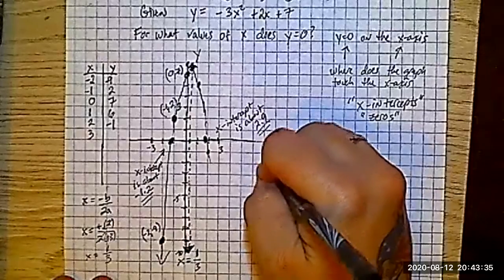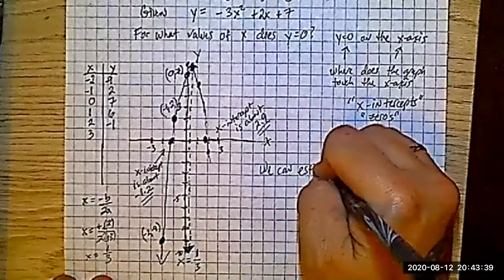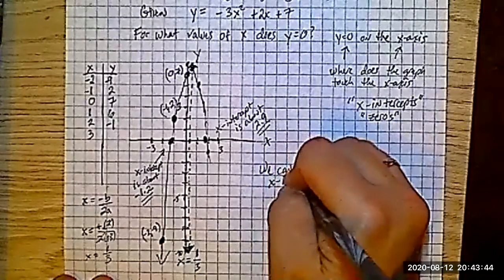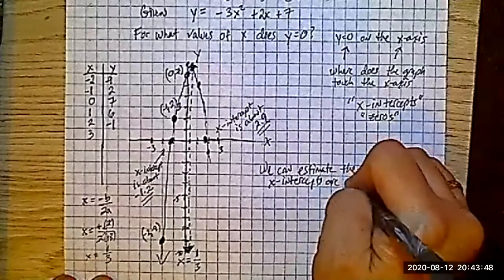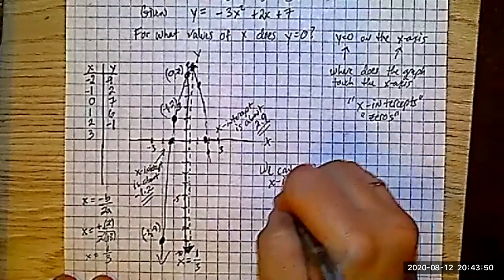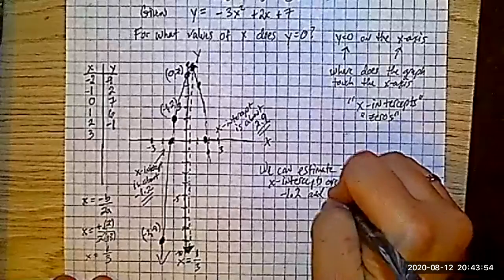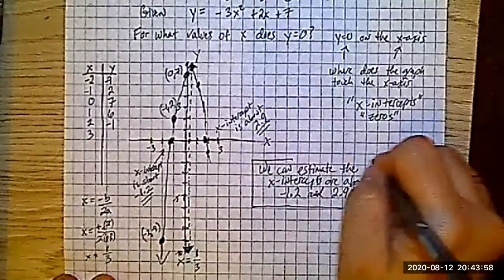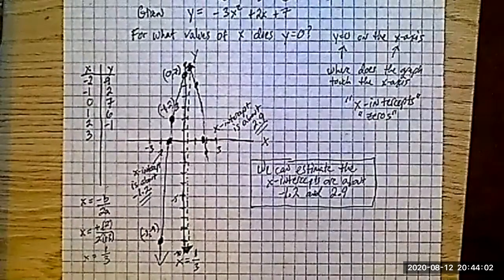So we can estimate the x-intercepts are about negative 1.2 and 2.9. And their estimates, they don't have to be perfect.